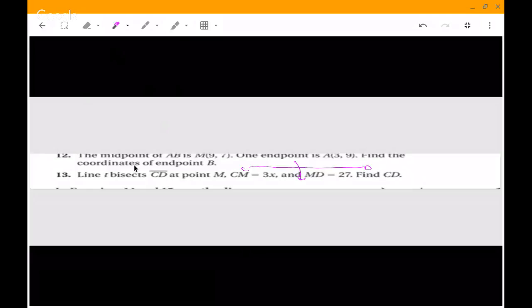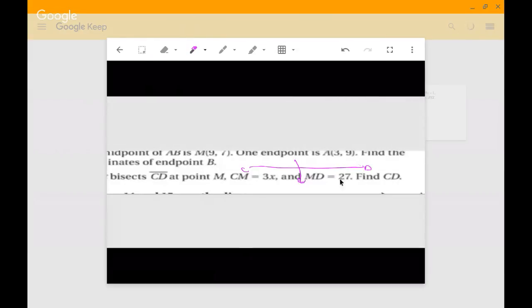This is not a big enough picture, I think, for me to write on. Let me see. I'll try this again. Can you still see it there? Yes. Okay. So bisects means it divides it evenly in two, right? Mm-hmm. At point M. So this is M here.